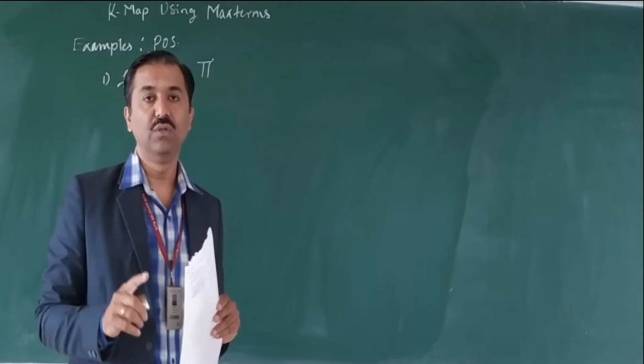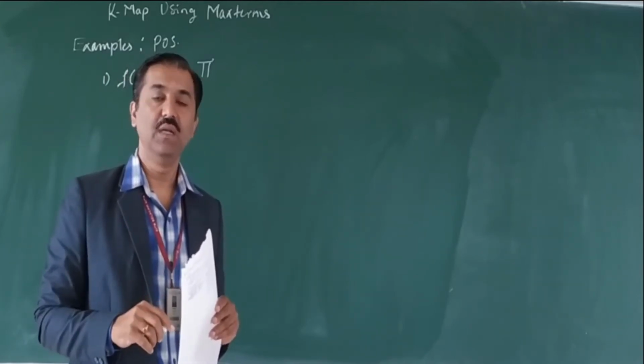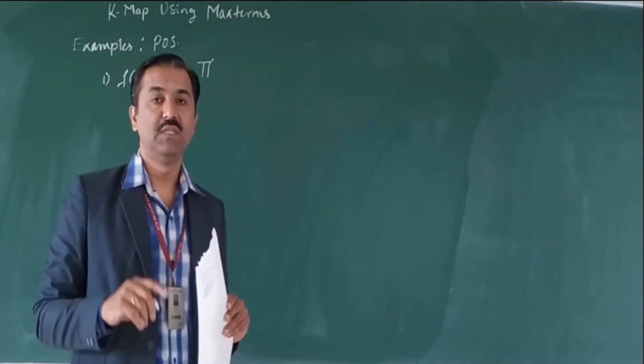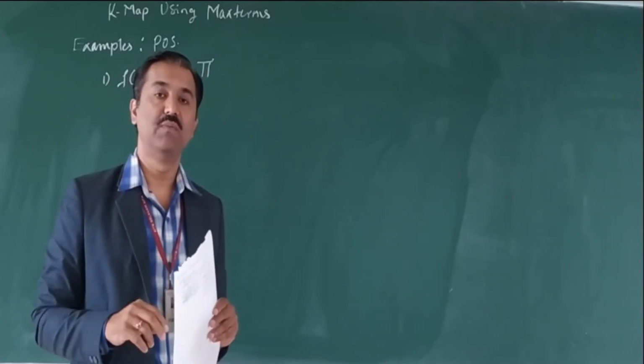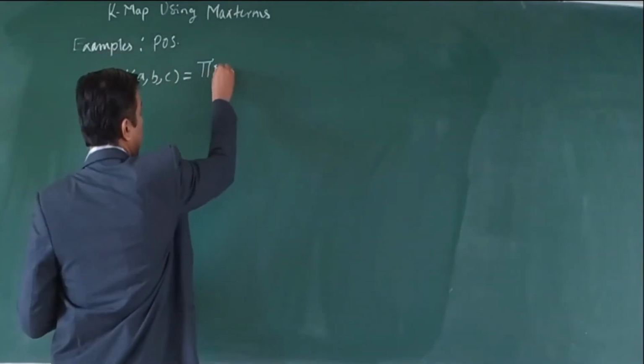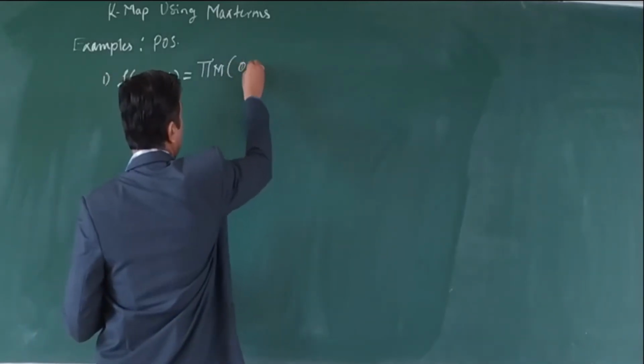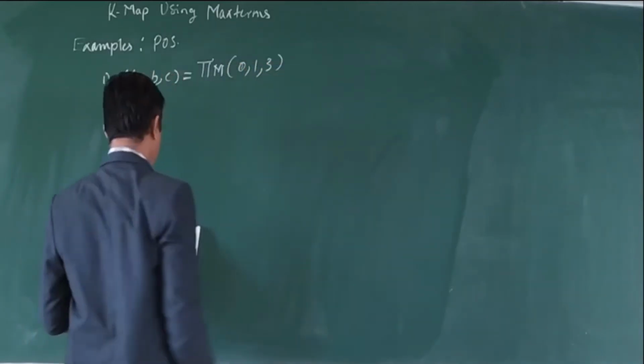Summation is used for min term, sum of product form expression, and pi represents the max term in a product of sum form expression. So pi of capital M, 0, 1 and 3.